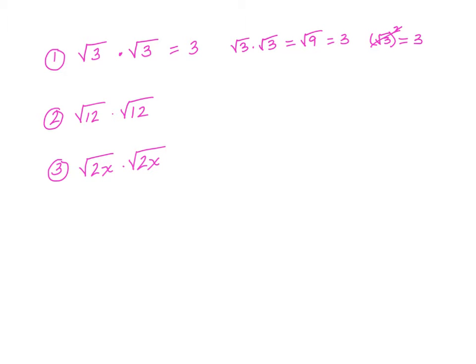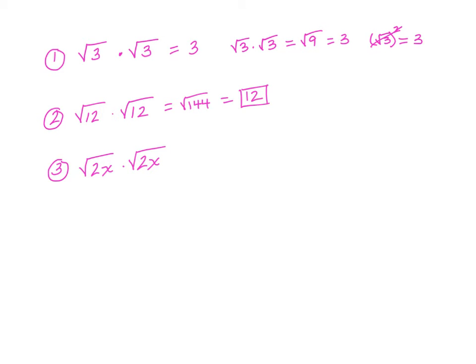So just to give you another example, if you had the square root of 12 times the square root of 12, you could say, oh, that's the square root of 144. But what is the square root of 144? It's 12. So what you want to remember is to get rid of a radical, you can just multiply by the same radical, and they cancel out every time.